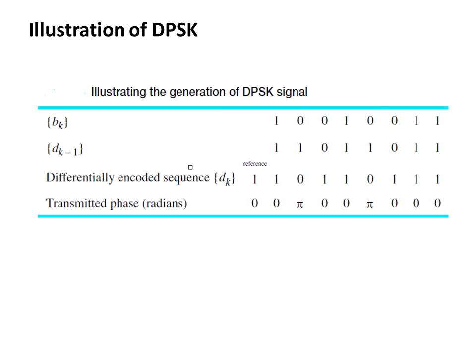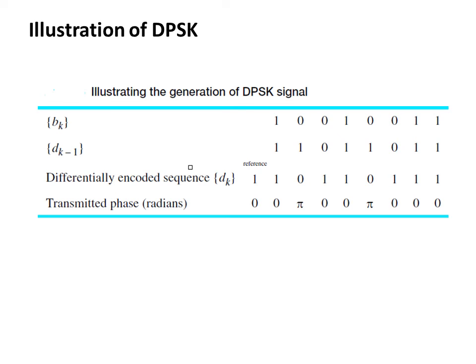Modulo 2 sum complemented means it is an XNOR operation. So here the XNOR operation is performed between bk and dk minus 1, and that gives dk, which is nothing but the encoded sequence. In the last line of the table, binary symbols 1 and 0 are represented by phase shifts of 0 and pi radians, as shown in the table.